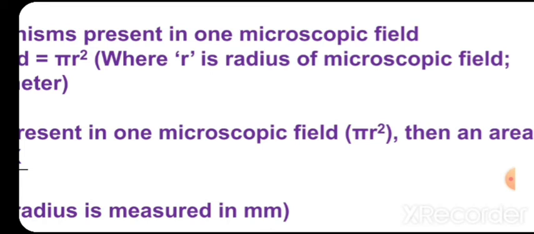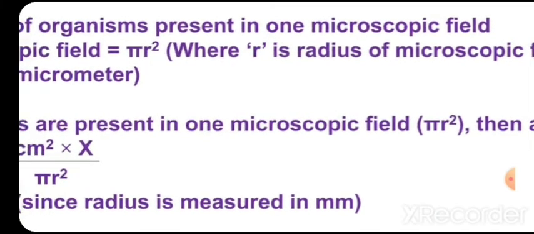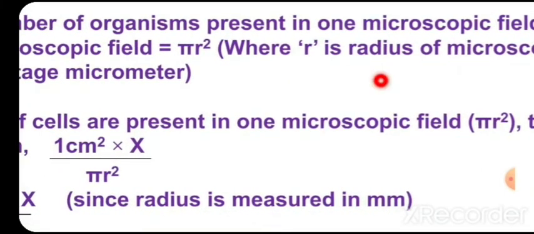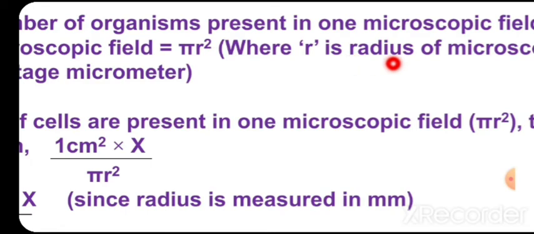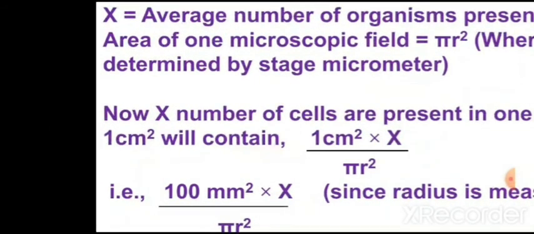This is how we can determine the radius. It will be in micrometers, then you have to convert it into millimeters. So the stage micrometer is useful for the determination of the radius of the microscopic field. You need to remember that.